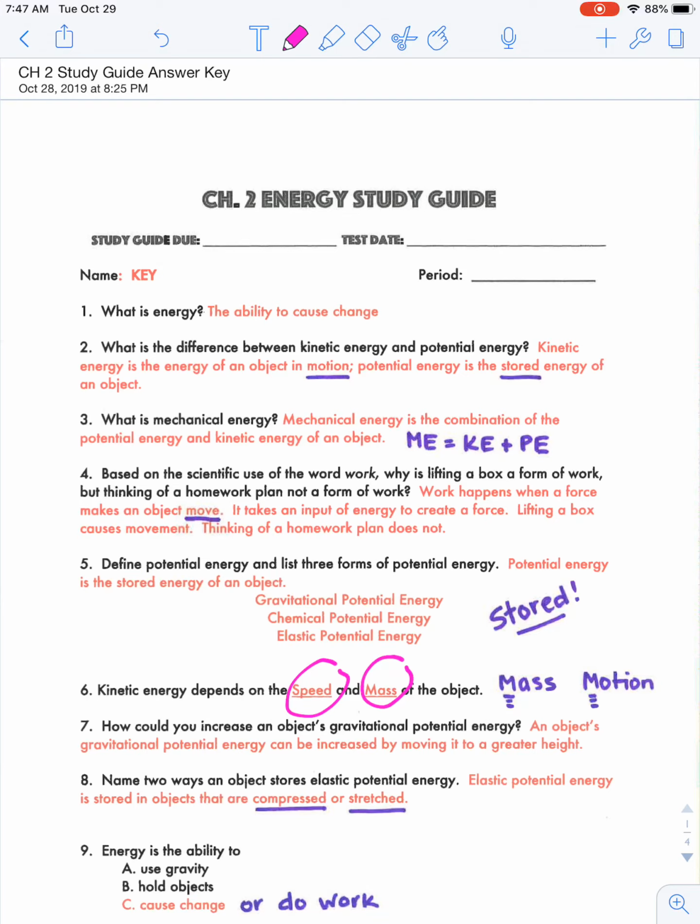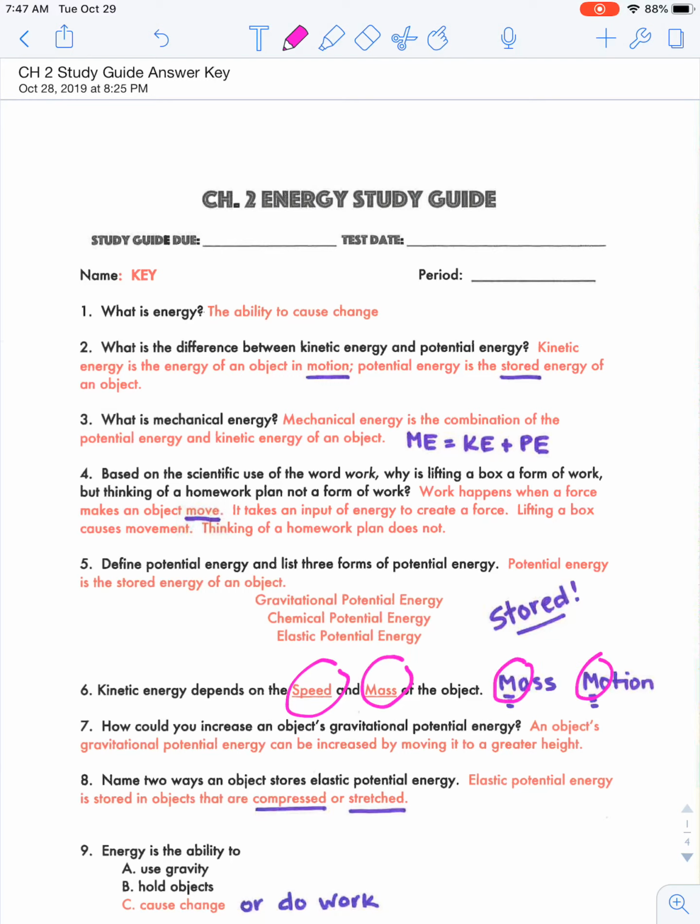So what is a way that we can remember that speed and mass go together for kinetic energy? Well, I think it's kind of easy to think of speed because if kinetic energy is movement, speed makes sense that that would go together. But mass, how are we going to remember that? So here's a little trick for you.